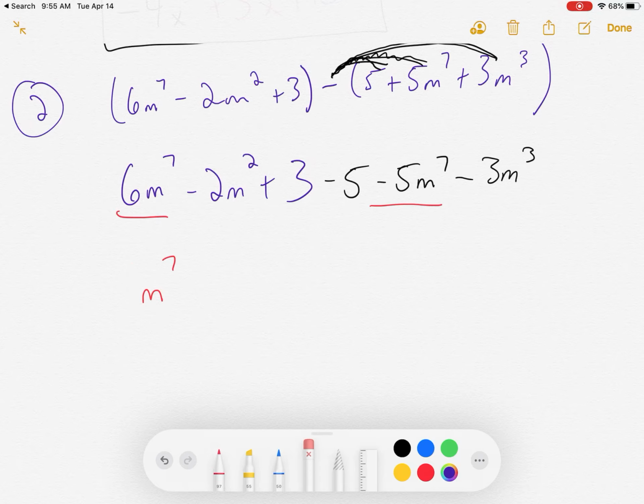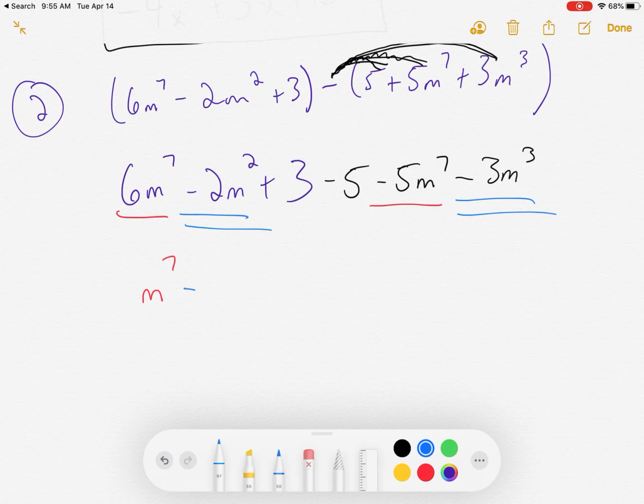Okay, next it is negative 2m squared. Negative 2m squared. If I can underline this, I'm trying really hard. There we go. Negative 2m squared. Where is your other m squared now? It is right here. Now, if you're having trouble with the negatives and the positives, you can use a calculator for now just as you get back into the swing of things.